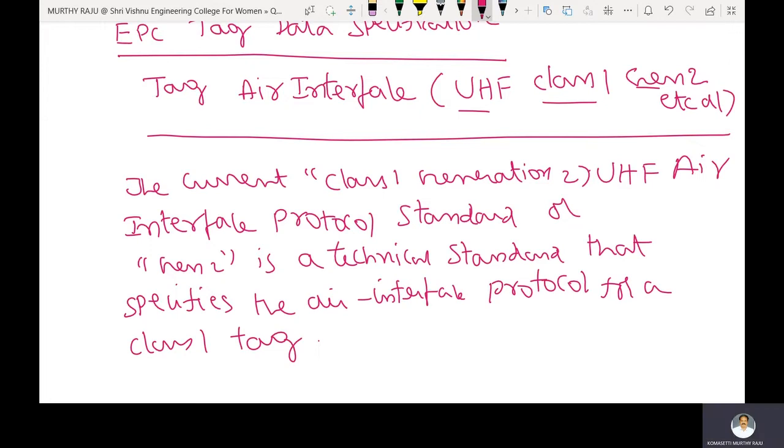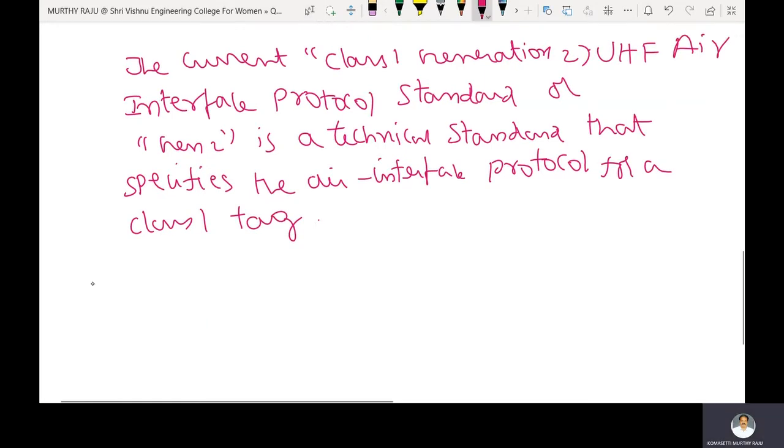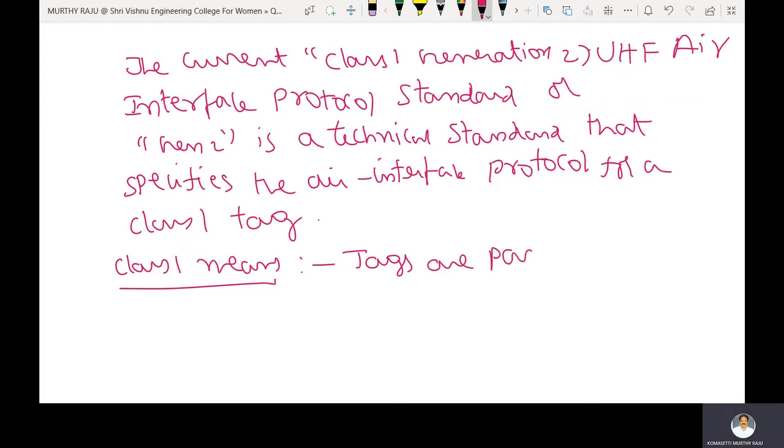This is the tag air interface UHF class 1 generation 2 protocol standard. Class 1 means tags are passive in nature. Passive in nature means it does not require any battery for its operations.